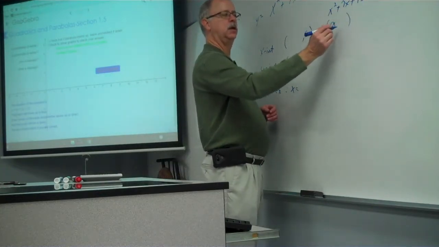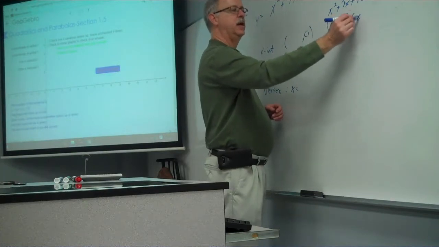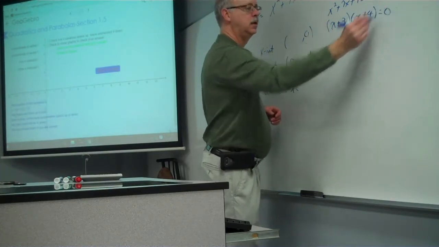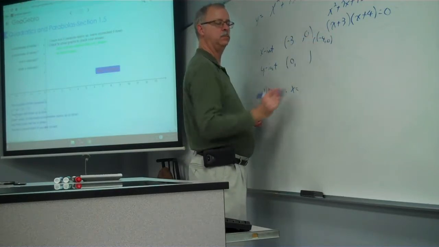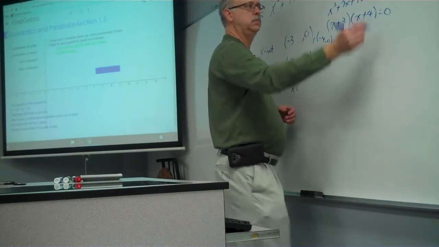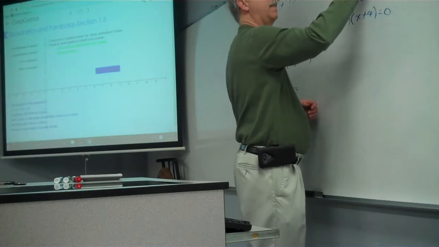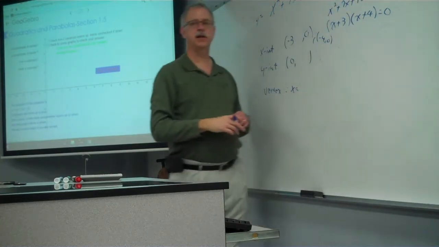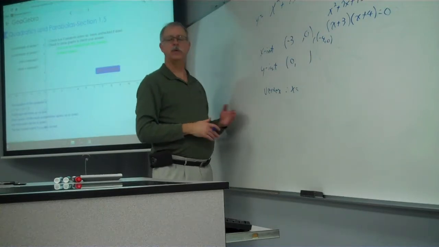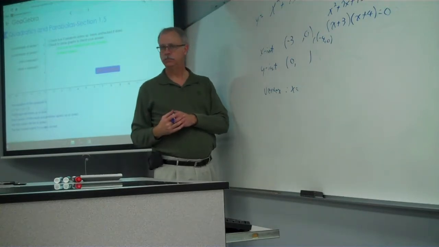Yes. Plus 3 plus 4. x plus 3 and x plus 4. So negative 3 and negative 4, 0. So those are 2 points the quadratic goes through. Or we could go to the quadratic formula.